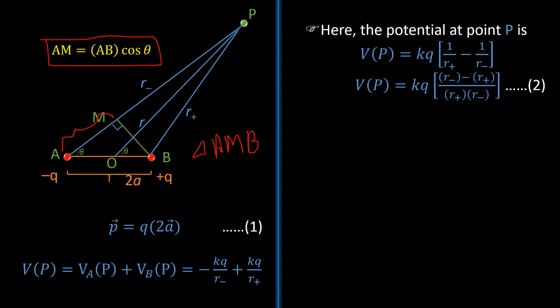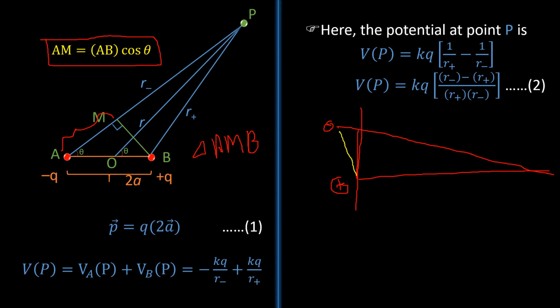Now, as I said earlier, suppose the point of interest is at very large distance. Suppose here I have my negative charge, and here I have my positive charge, and then if I take the foot of perpendicular and look at the condition, this yellow one is my dipole, and this line is the foot of perpendicular.